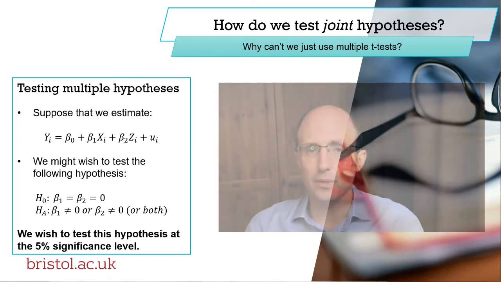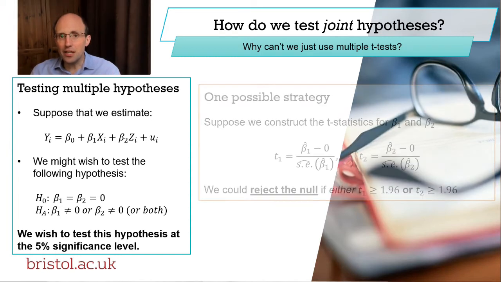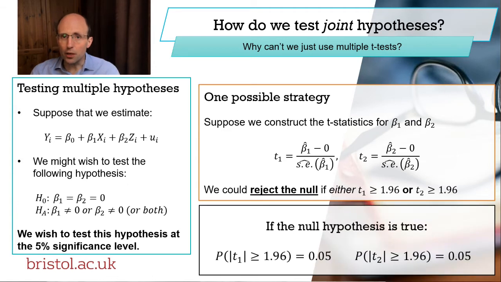Now, one method that we've suggested is simply to calculate the individual t-statistics for beta 1 and for beta 2, and if in either of these cases we get a t-statistic greater than 1.96 in magnitude, we reject the null hypothesis. So what do we know already? Well, we know that if the null hypothesis is true, in other words, if beta 1 is equal to 0, the probability of getting a t-statistic greater than 1.96 in magnitude is equal to 0.05.